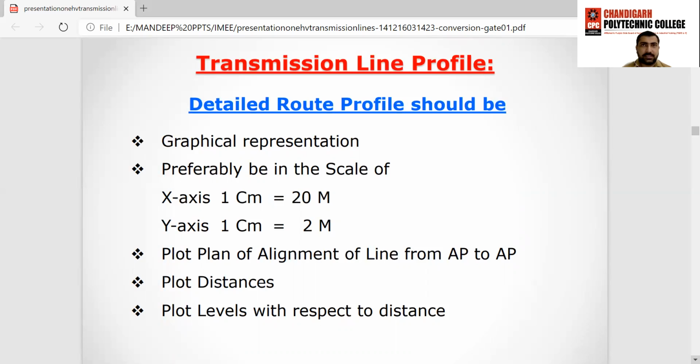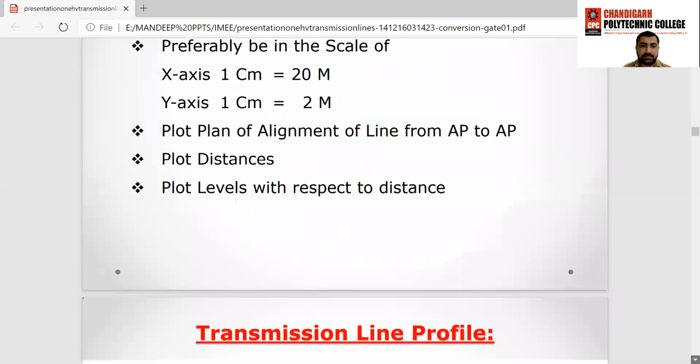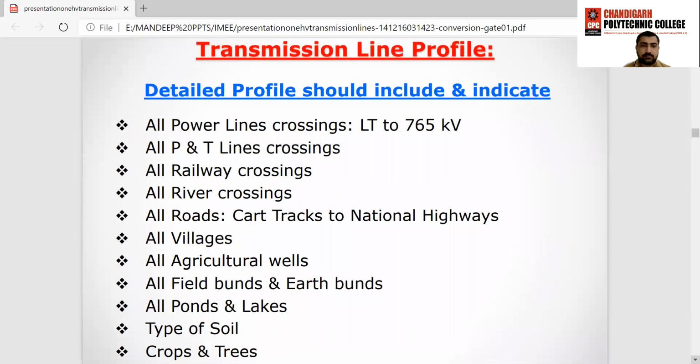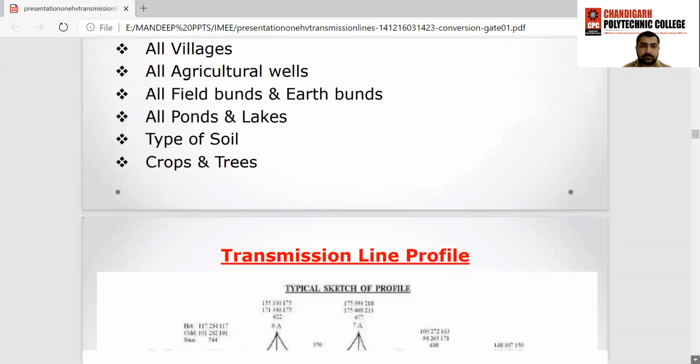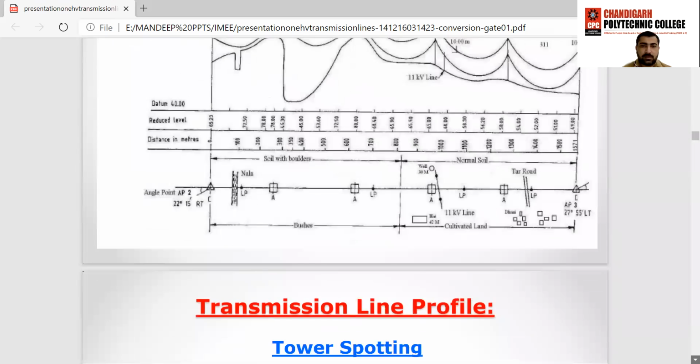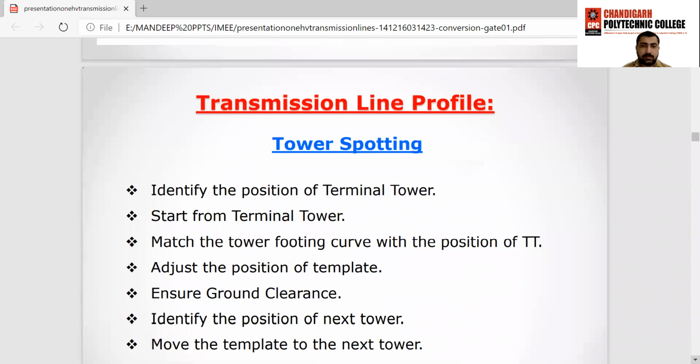As we study about the graphical representations, the plot plan of alignment of line from AP to AP, plot distances, plot levels with respect to distance. All the villages and lines are mentioned on the graphical representations.